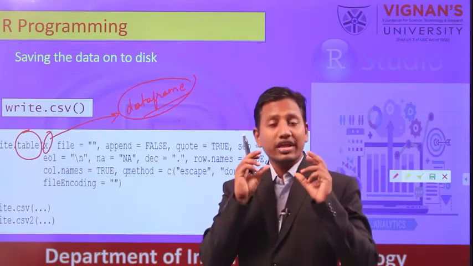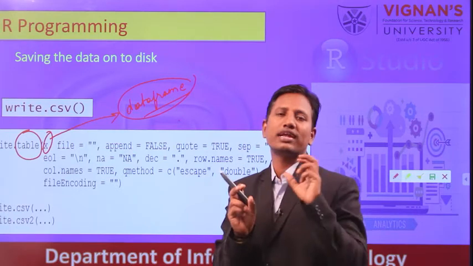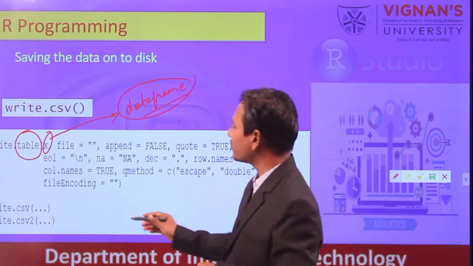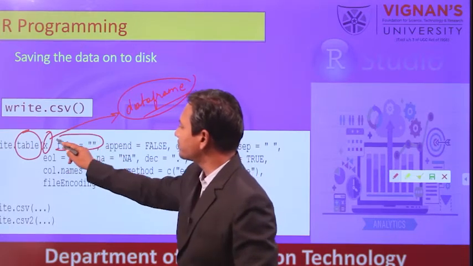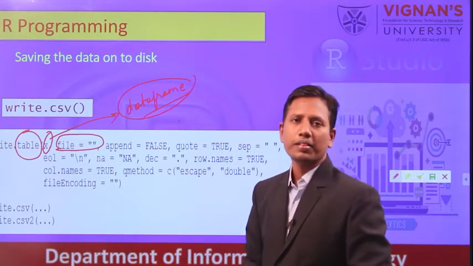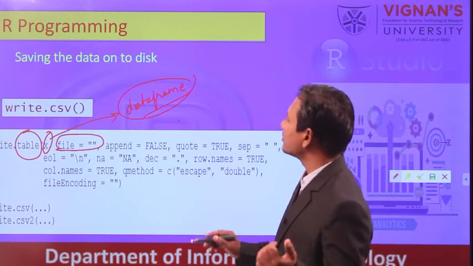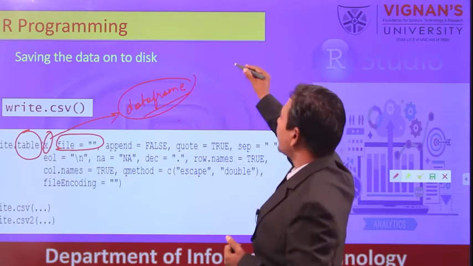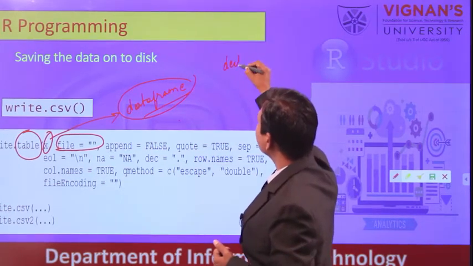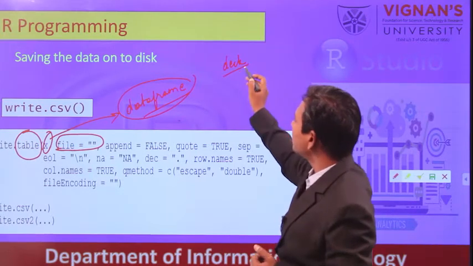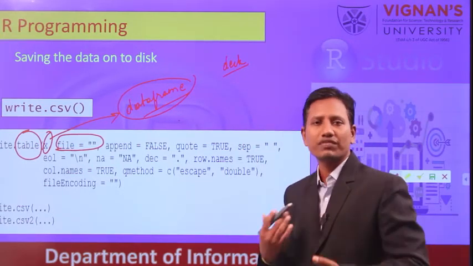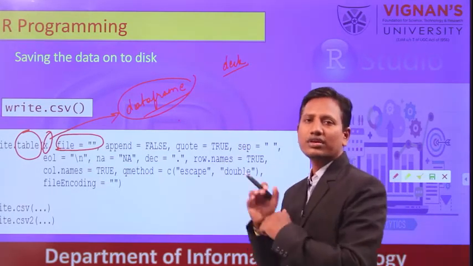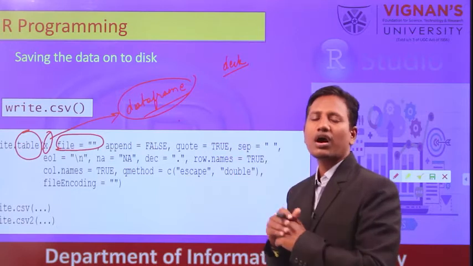And what name do we want to give to the file? That name we have to give at this position. So for example, our data frame was deck. To this data frame we did some modifications, and we want to store it on the hard disk.